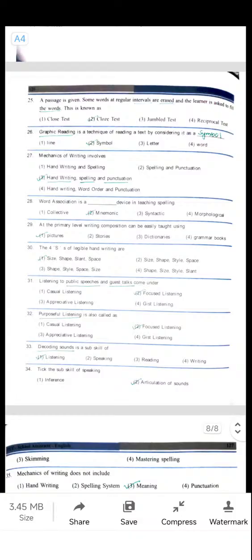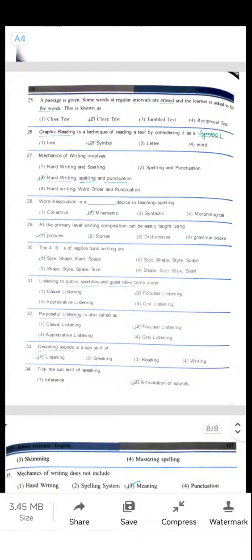Graphic reading is a technique of reading a text by considering it as a symbol. Question 27: the mechanics of writing involves handwriting, spelling, and pronunciation.